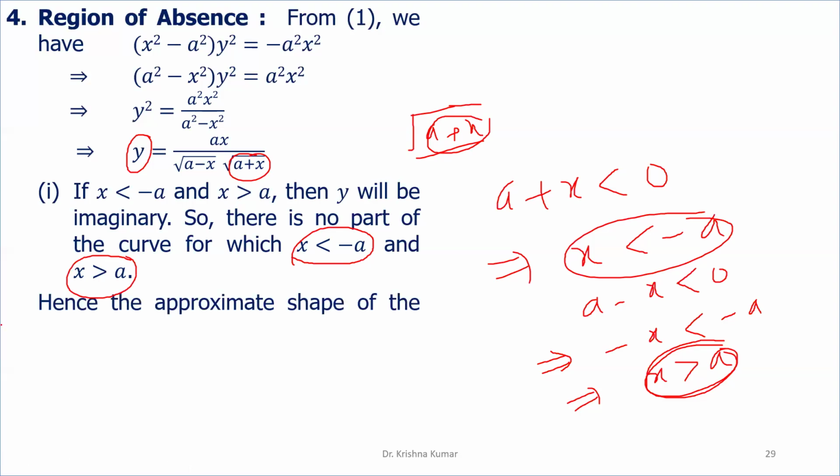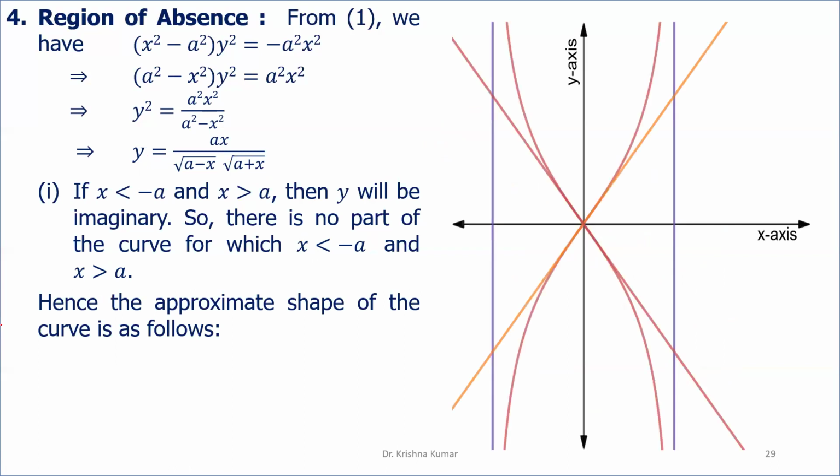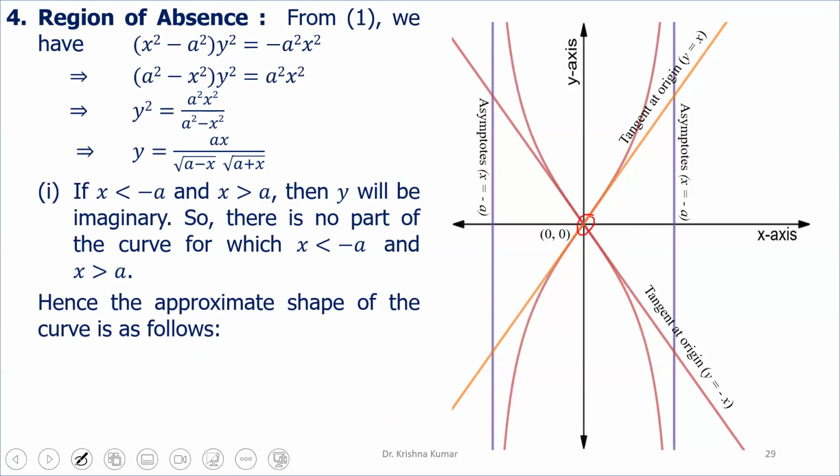Hence, the approximate shape of the curve is as follows. Now, let us try to describe it one by one. Since this is the origin, at the origin, what is the tangent?